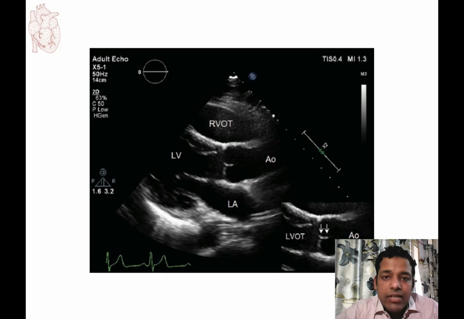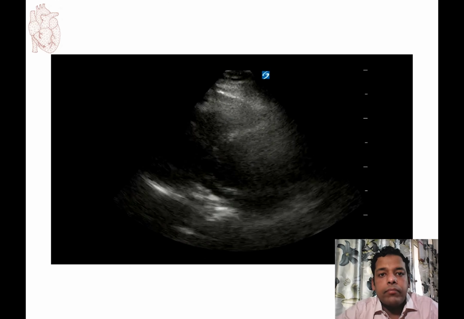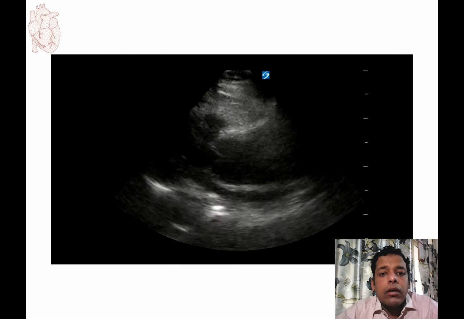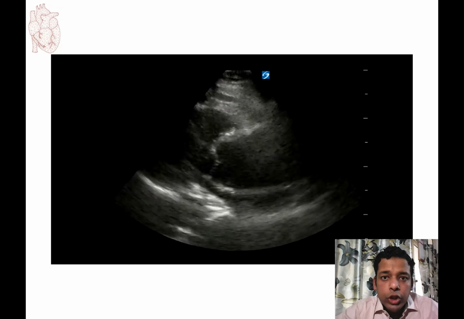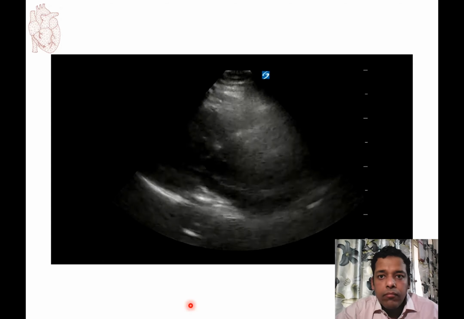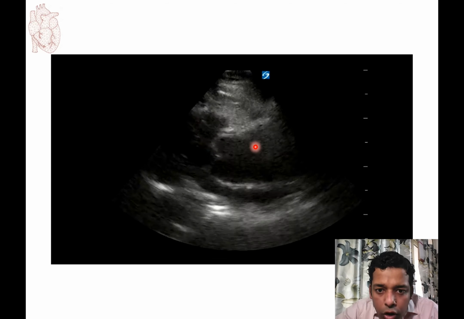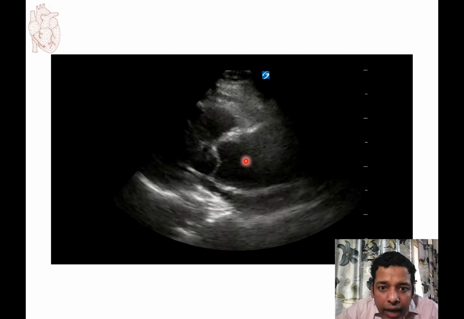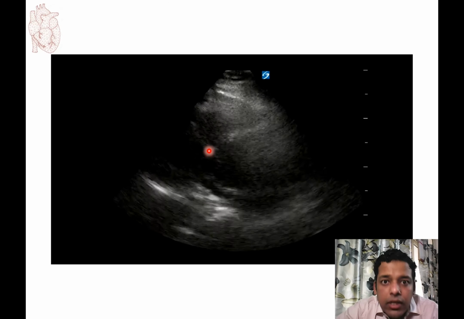The measurement should be made perpendicular to the long axis of the direction of the flow of blood. This parasternal long axis view shows dilation of the ascending aorta. Note here that the annular dimensions are relatively preserved.